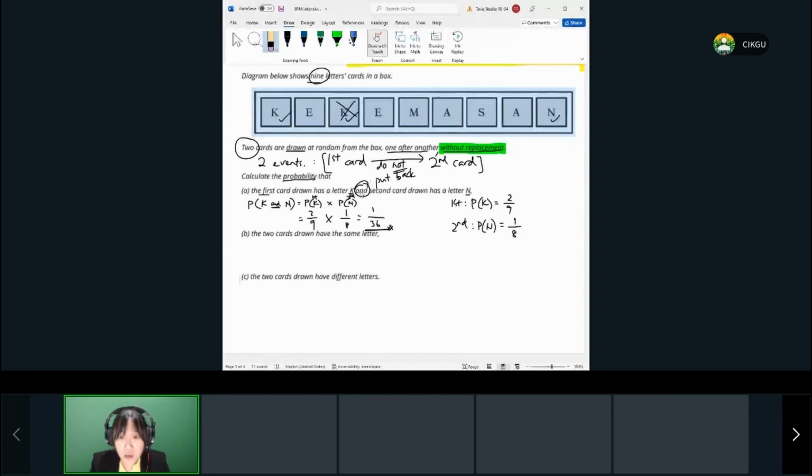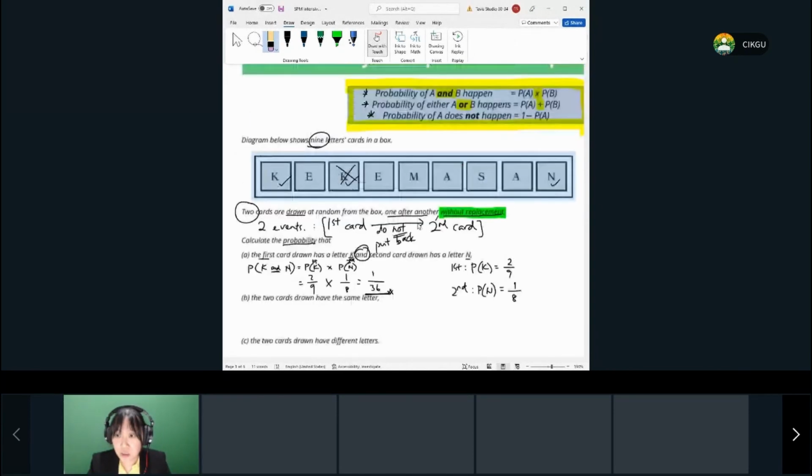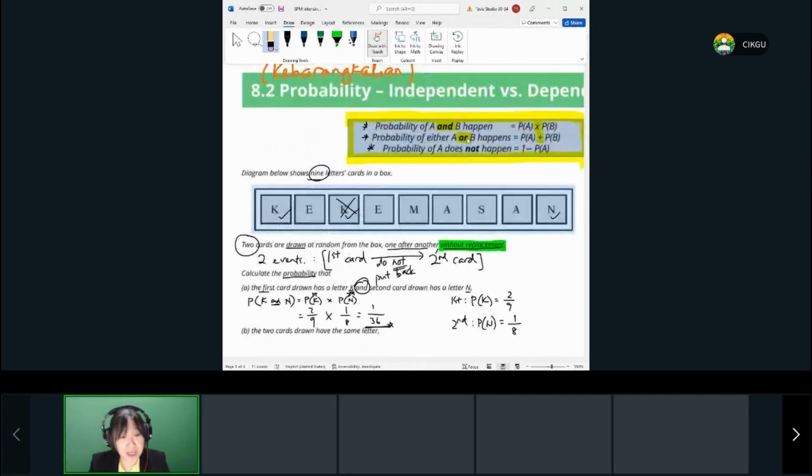If it's "or", I don't need both to happen, I just need either one of them to happen. All you need to do is change the multiplication to addition. So 2 over 9 plus 1 over 8, then get the answer.